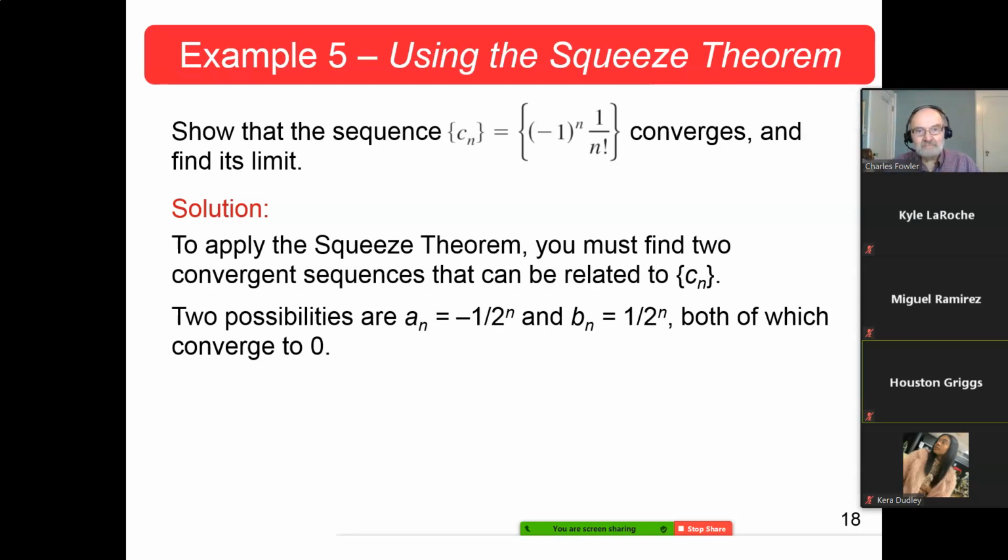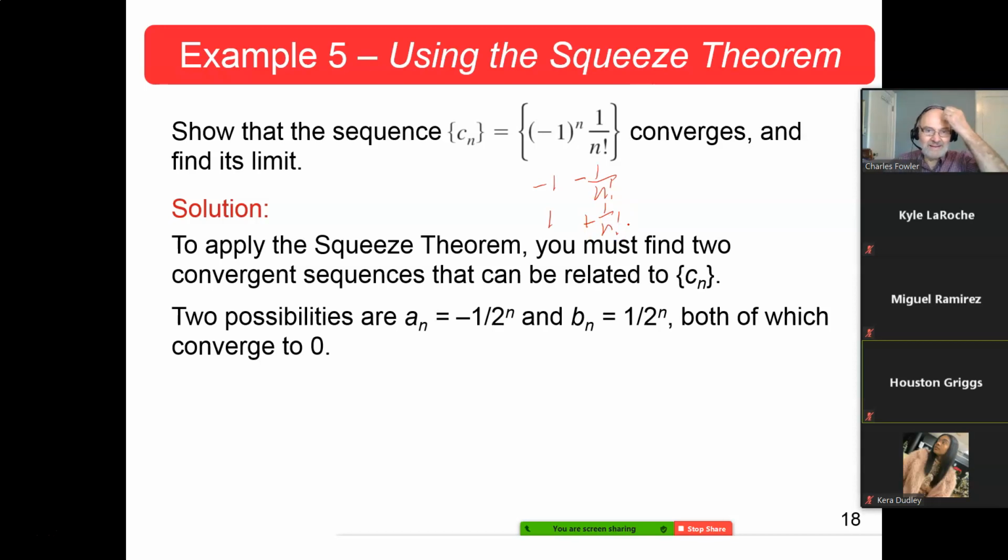Now, here's what they're saying. This c sub n up here, because it's negative 1 to the n, when n is odd, that's always going to be minus 1. When n is even, that's always going to be plus 1. So this would either be negative 1 over n factorial or positive 1 over n factorial.